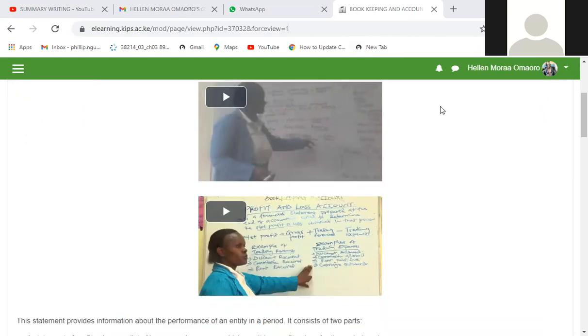Okay, for us to get the net sales, we must get the total sales, then we less the returns inwards. Return inwards, these are the goods which the customers return after they have bought from you. After buying from the business, the customers might return some of the goods due to some reasons.